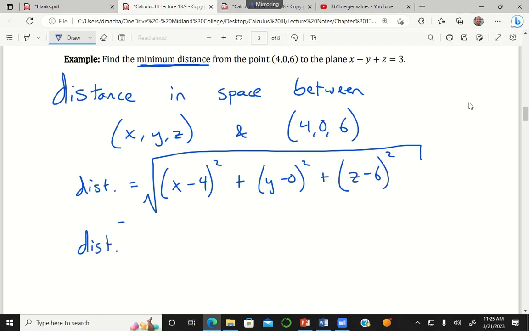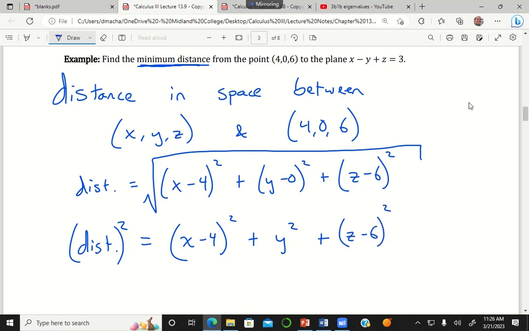There's a neat trick where if I square the distance, then finding the minimum of the distance squared is the same thing as finding the minimum of the distance.